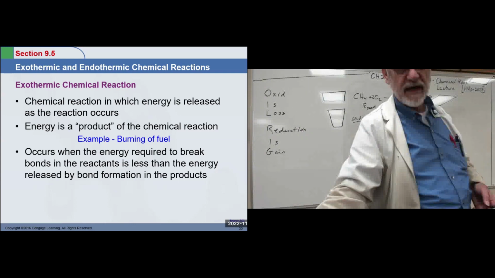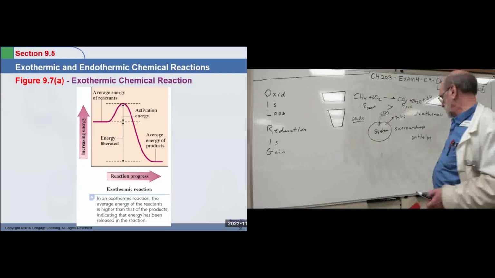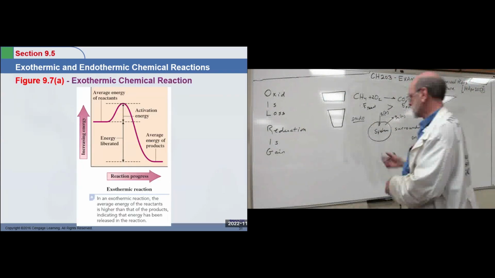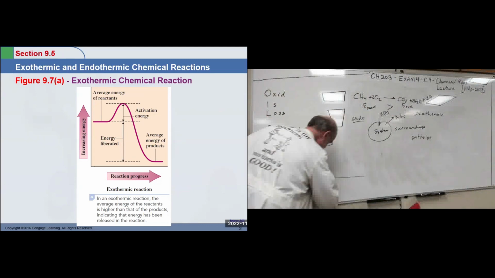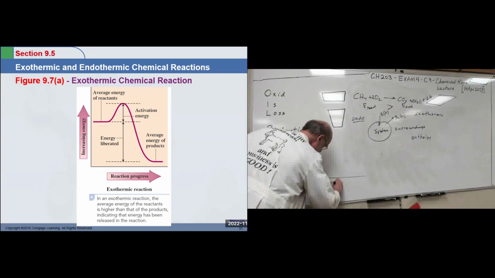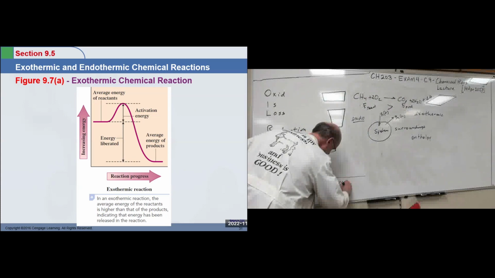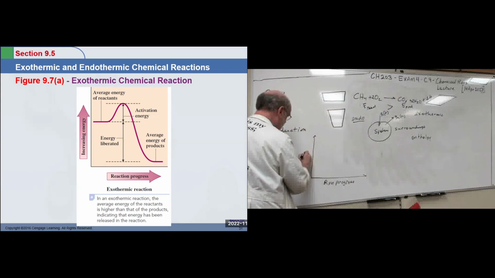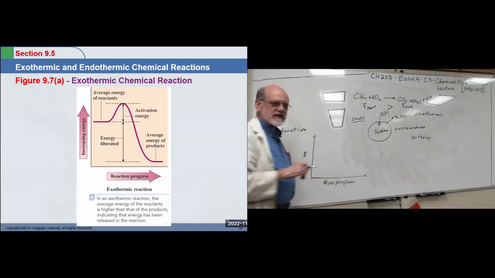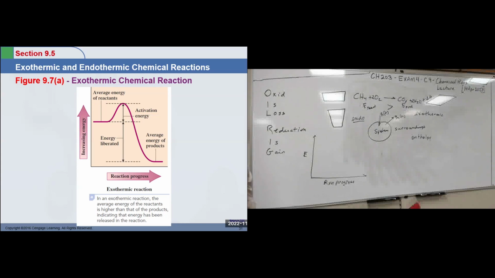I think that's the next slide. Oh, no, we get a diagram. Okay, let's draw it over here. So this is reaction progress, and this is energy, the total energy of whatever species are involved.